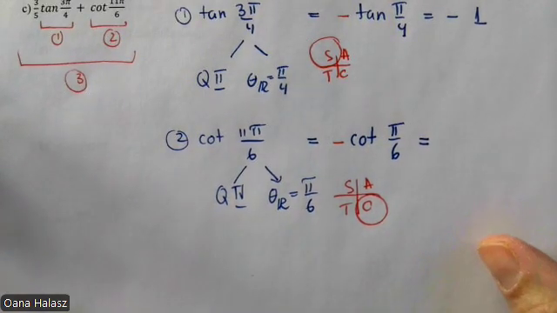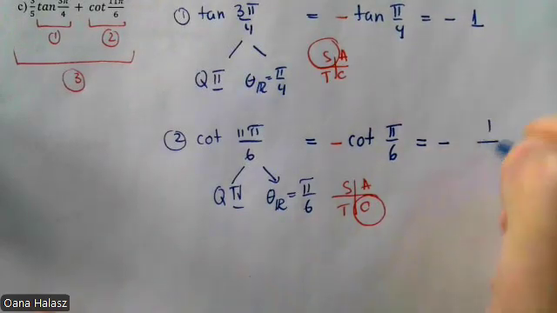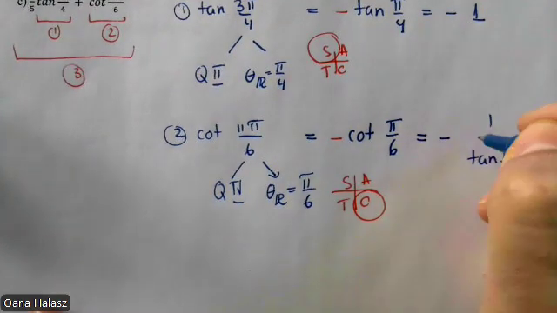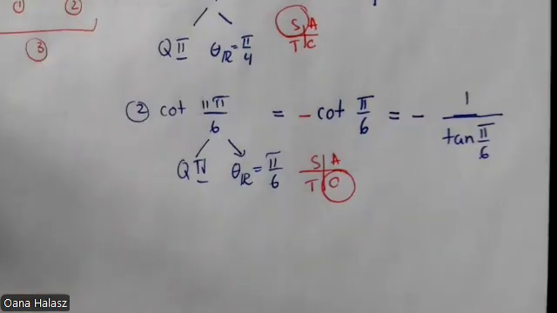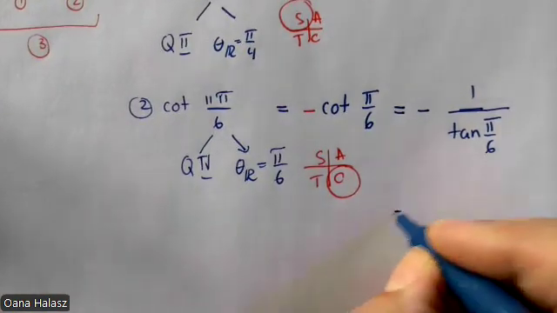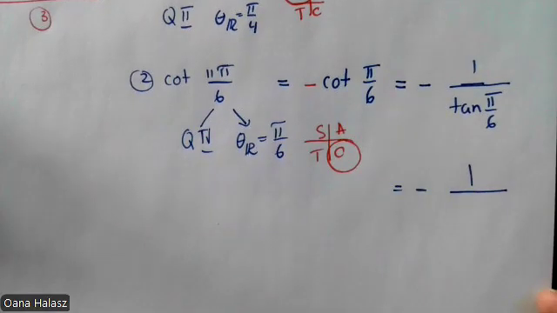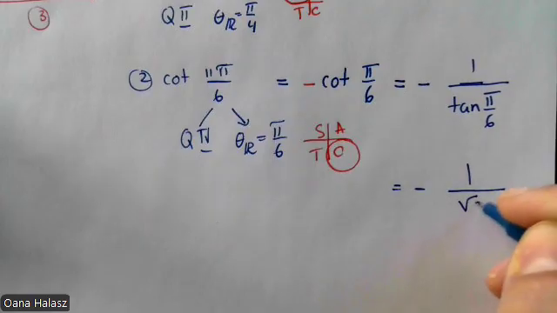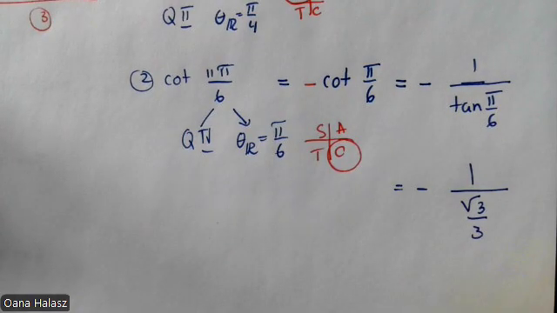If we haven't memorized the cotangent values, of course, we have to go through tangent. So negative 1 over tangent of pi over 6. Tangent of pi over 6 is root 3 over 3, or in the unrationalized form, 1 over root 3.